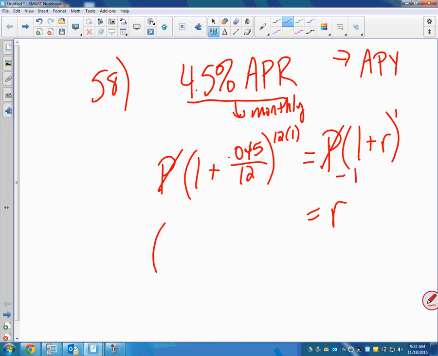So I'm just going to do this on my calculator. 1 plus 0.045 divided by 12, to the 12th power, and then subtract 1 from that. And you should get what the APY would be.